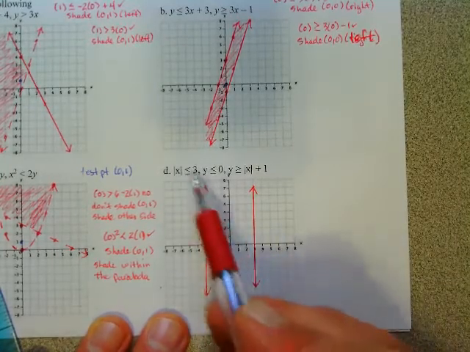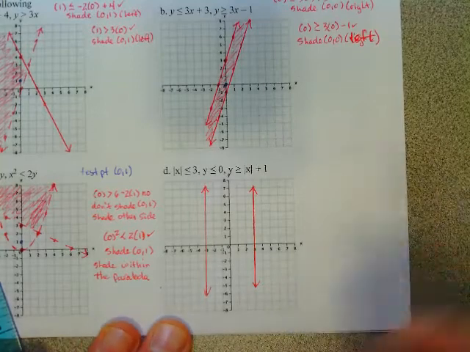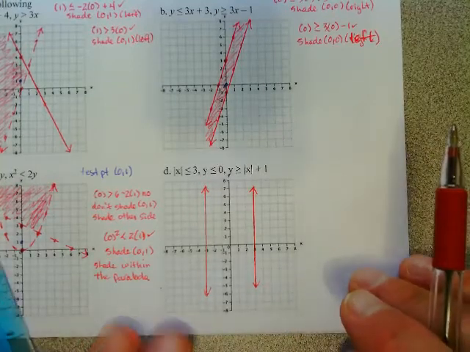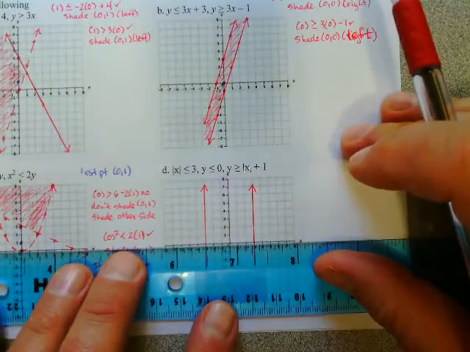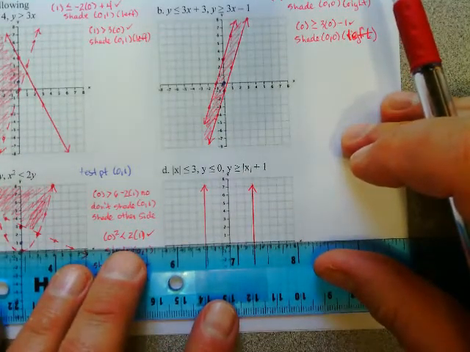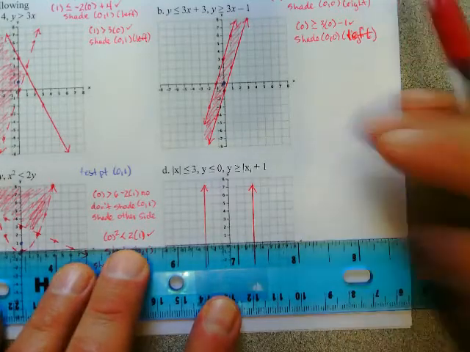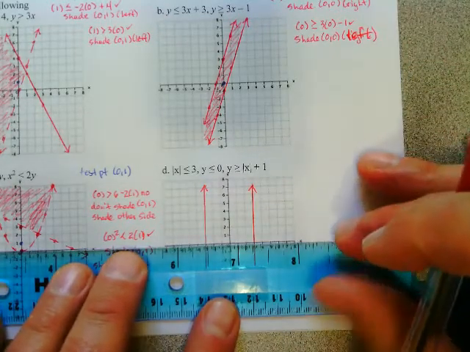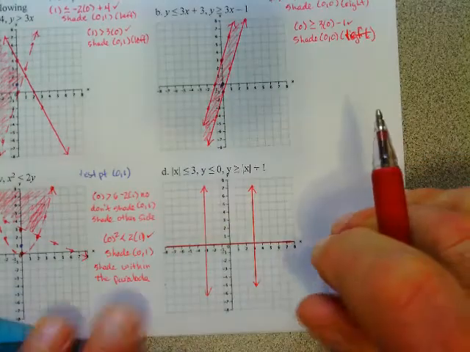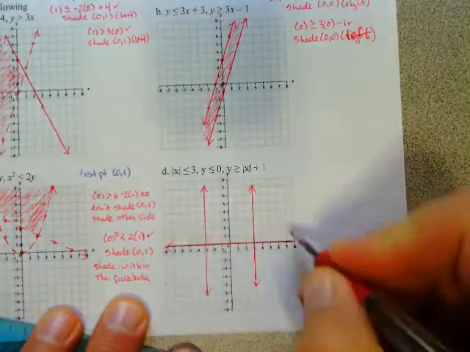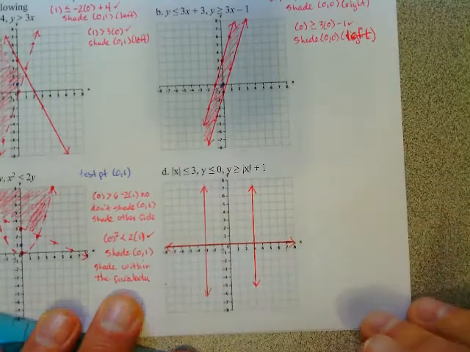So that's where the first one is. The second one, we have y is less than or equal to 0. In that case, that's the x-axis, that line. So that one's going to be right through here. And that's where the second equation is.